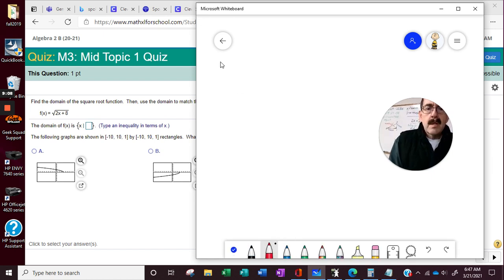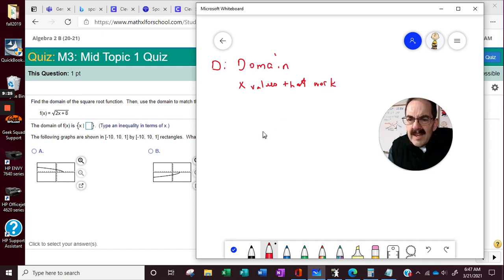So, D for domain is the x values that work, right? What can we put in the function? Well, we know y equals the square root of 2x plus 8.